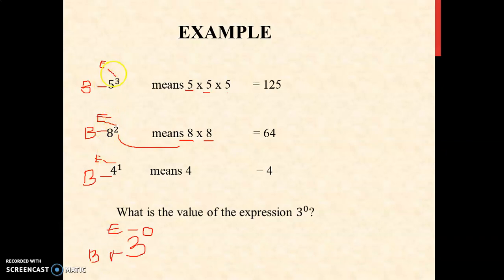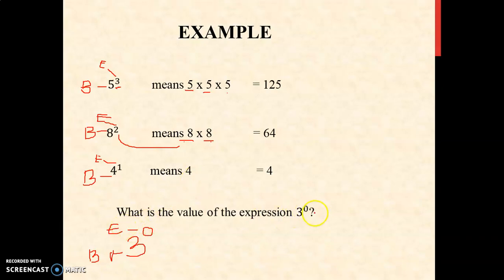Again, going back to the definition of exponent, the exponent will tell you how many times the base is to be repeated. We have here 5 raised to 3, meaning 5 times 5 times 5. How about here? Your exponent is 2. It means 8 times 8. While here, your exponent is 1. It means that you're going to repeat 4 once only.